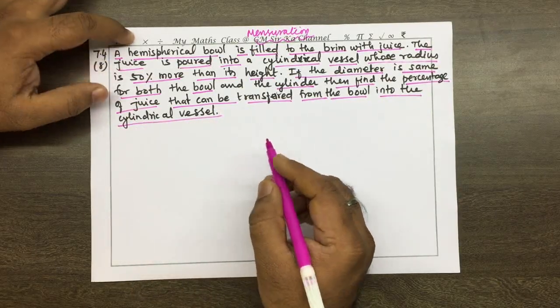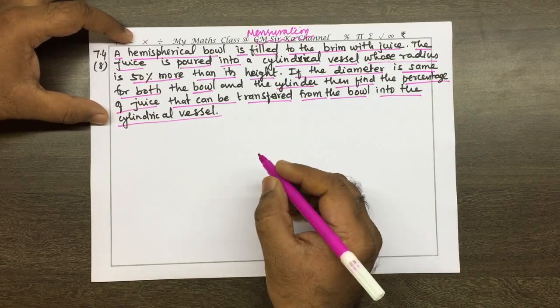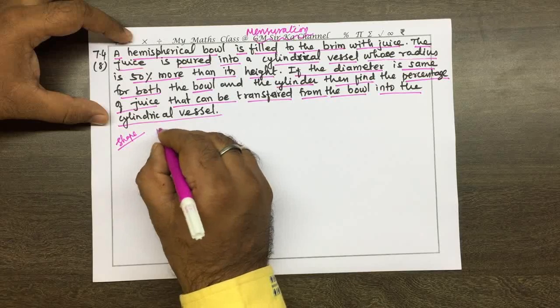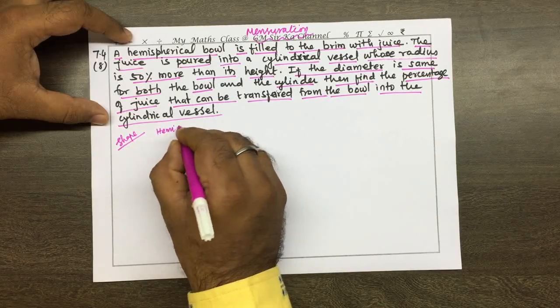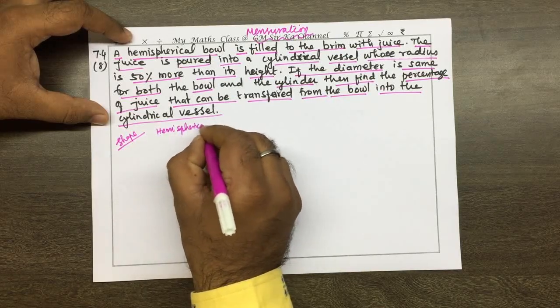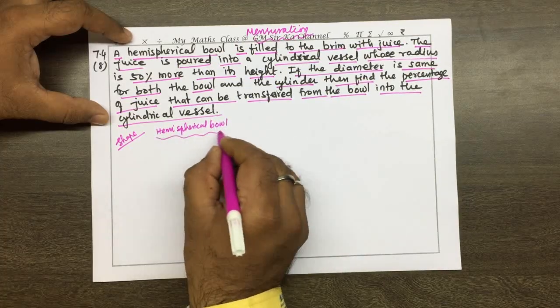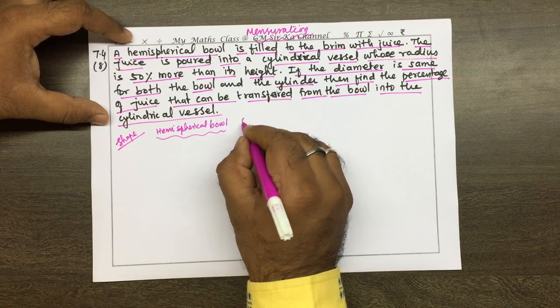So we have the shapes: a hemispherical bowl and the cylinder.